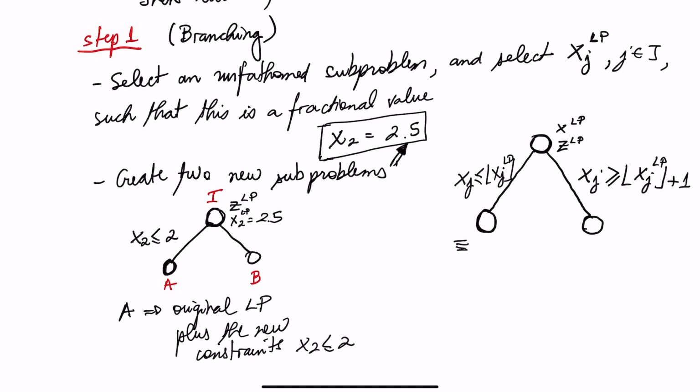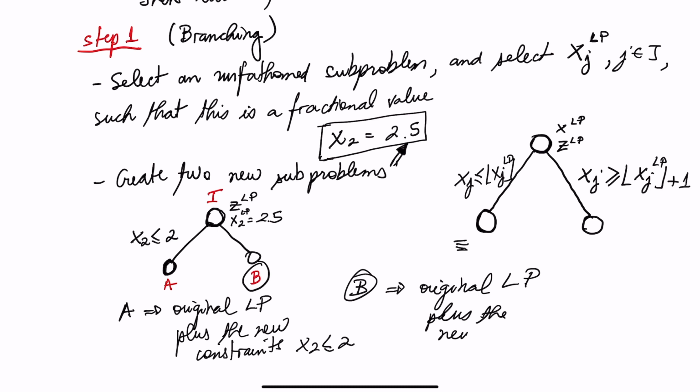On the other hand, the problem associated with the letter B here will be the original LP plus the new constraint x2 greater than or equal to 2 plus 1. So that means x2 greater than or equal to 3, right?